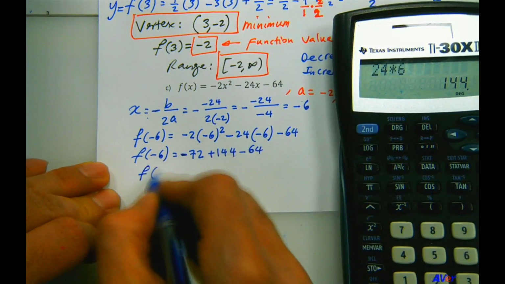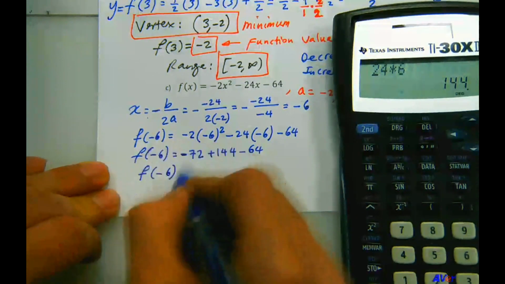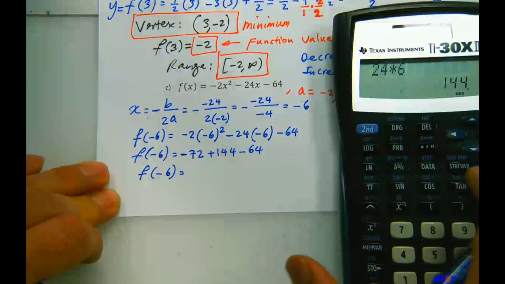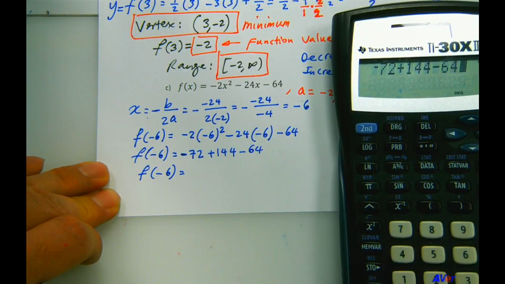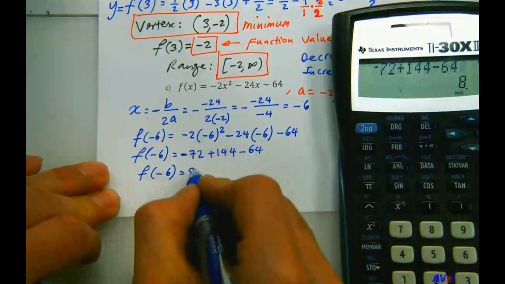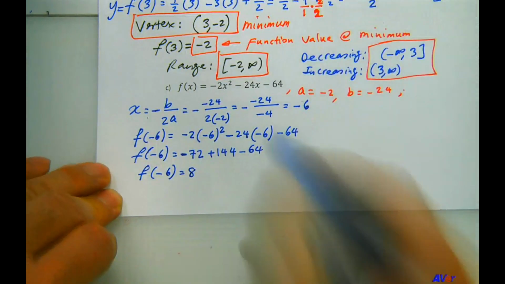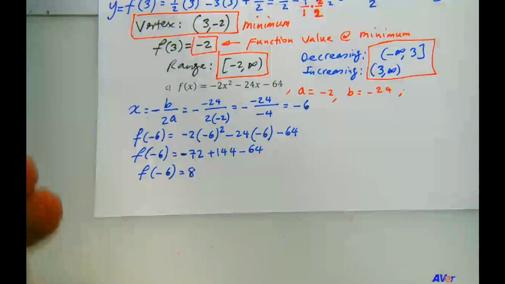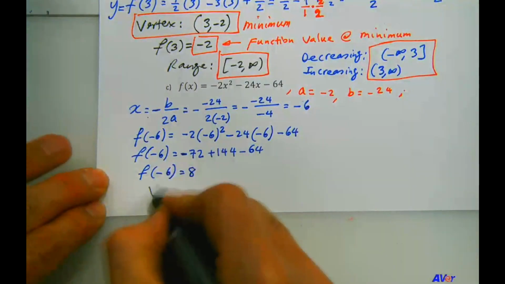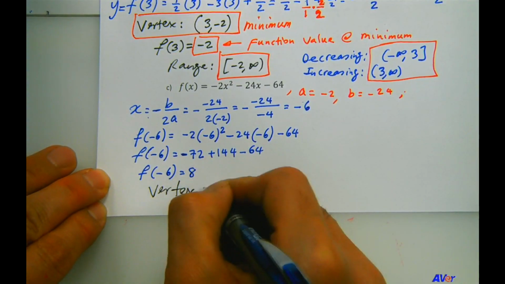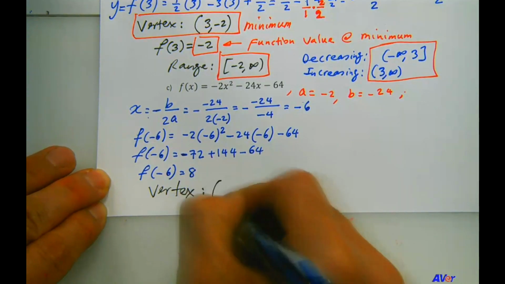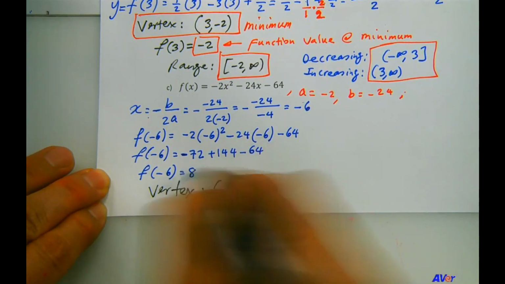So the function value at negative 6 is equal to all those numbers added and subtracted: minus 72 plus 144 minus 64, which is 8. Okay, so we found the coordinates of the vertex. The vertex is at negative 6 comma positive 8.